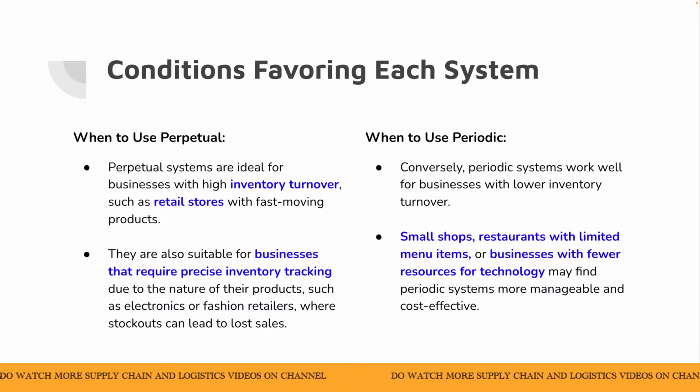Okay, let's check what favors each system. The perpetual system suits high turnover, like a retail store. We know that in a grocery store we have these POS screens. The second thing is businesses which require precise inventory tracking. You can check out the jewelry business as well.